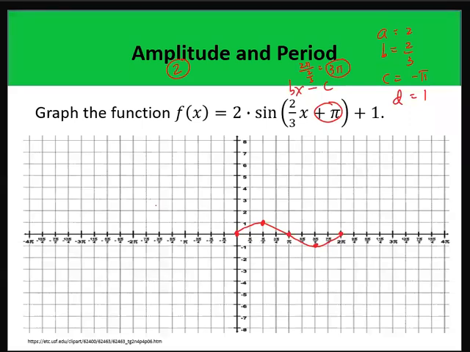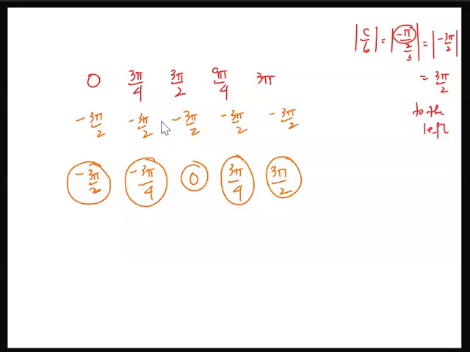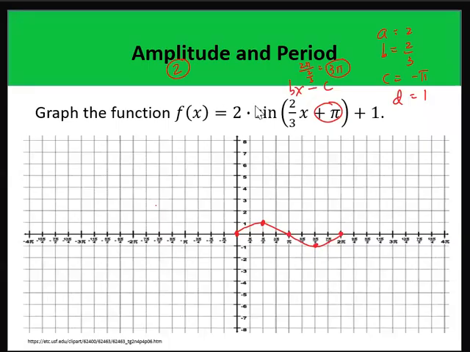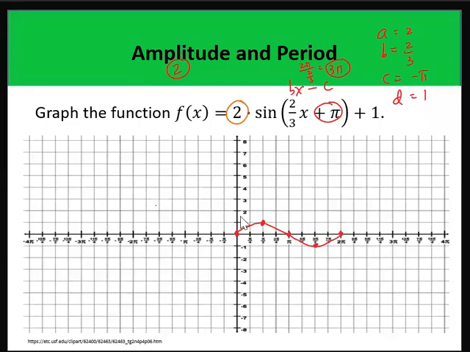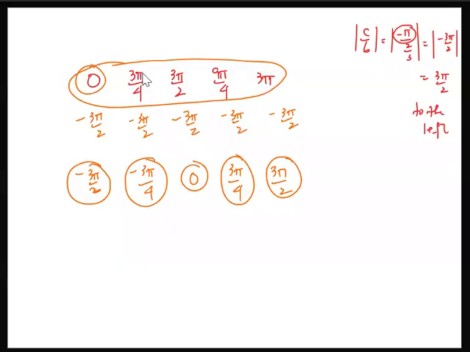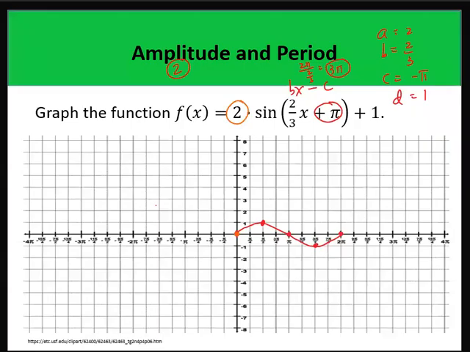So if we are going to apply the amplitude and period alone, then we have to see the 5 points on these x values with amplitude equal to 2. So that means at x equals 0, then we have 0. At x is equal to 3 pi over 4, then we should have positive 2.